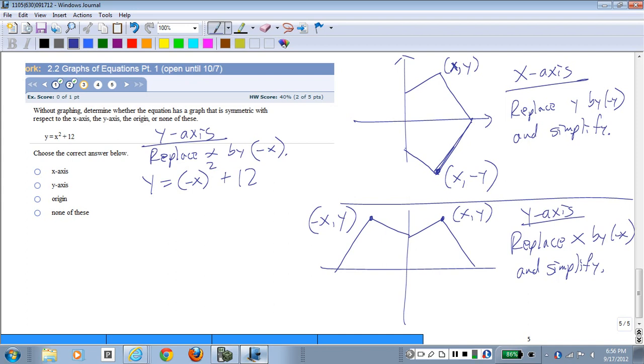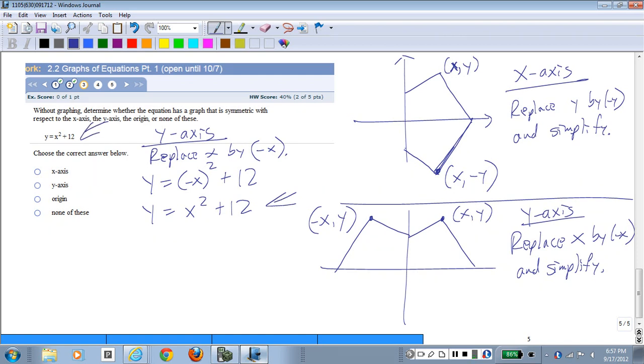What's the square of negative x? x squared, yes. Square the negative and you get positive. So positive x squared plus 12. So after simplifying, we ask ourselves, is this identical to the original?